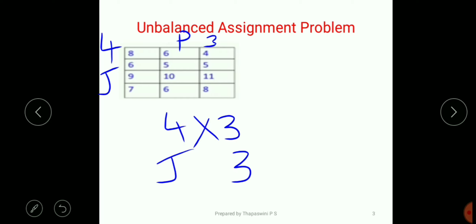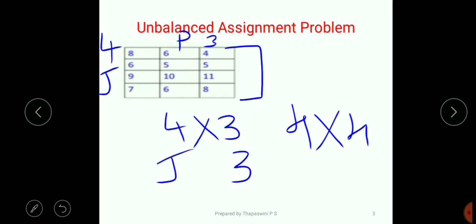Now we can make it a 4 job, 4 person problem by adding what is called a dummy column. Okay, and the cost in the dummy column will be 0. That is, we are going to create a 4th imaginary person who is going to charge nothing to do each of the 4 jobs.